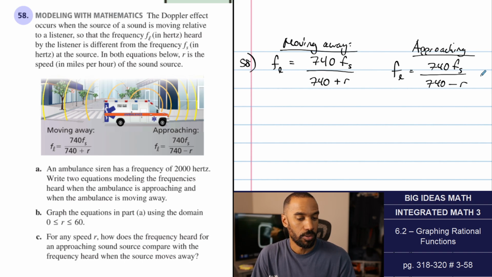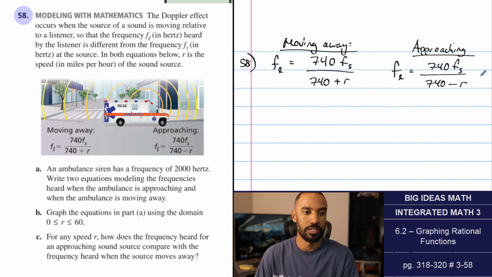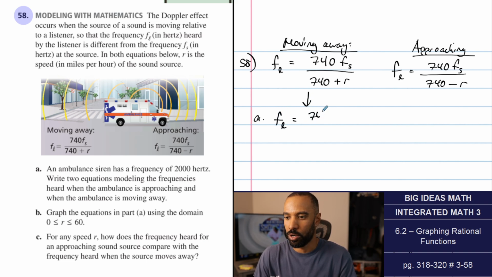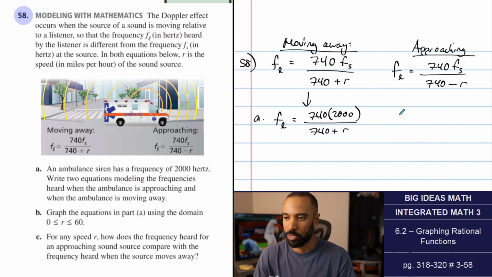Well, now we're substituting 2000 in for the source one, right? That's F sub S at the source. So part A, the moving away one is F sub L equals 740 times 2000 over 740 plus R. I'll have to calculate that in a bit.